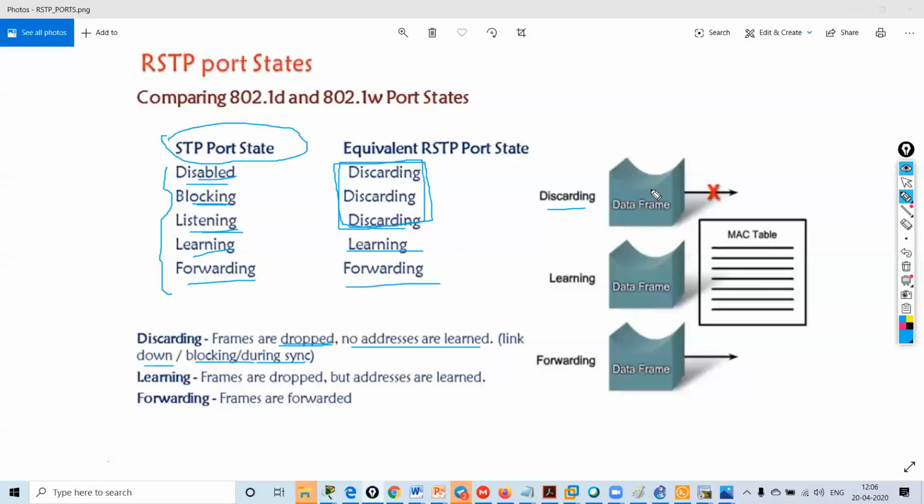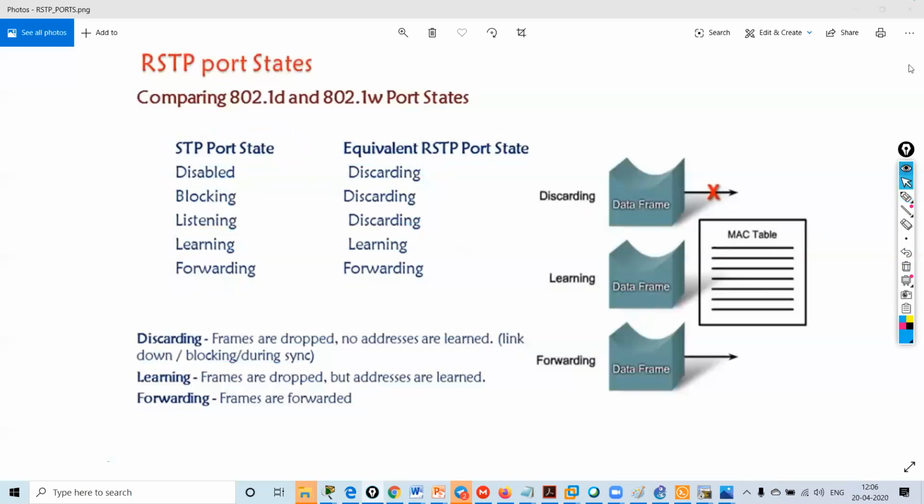In the learning state, frames are dropped but addresses are learned: it will not forward any frame, but it will make an entry in the MAC address table. In the forwarding state, frames are forwarded and received. Understood?